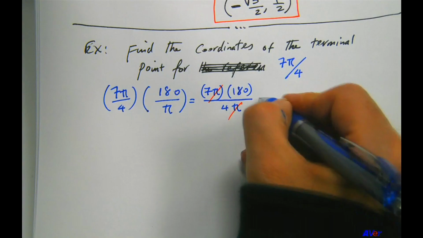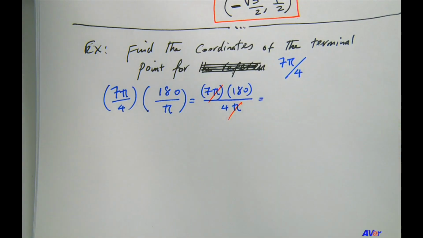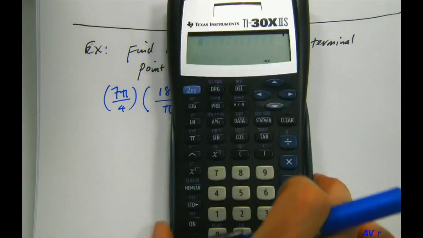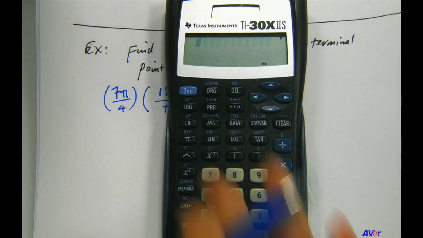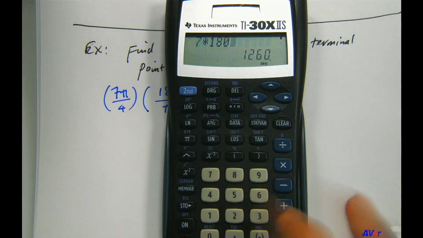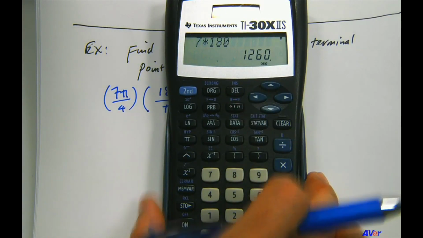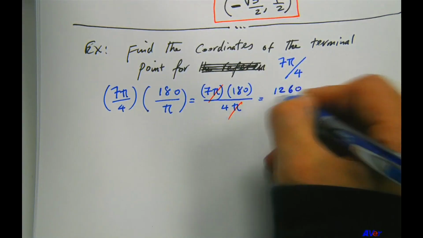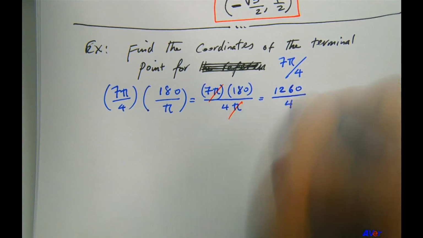And what do we have with 7 times 180? All right, let's find that out. So we have 7 times 180, and it's 1,260, right? So 1,260 divided by 4.